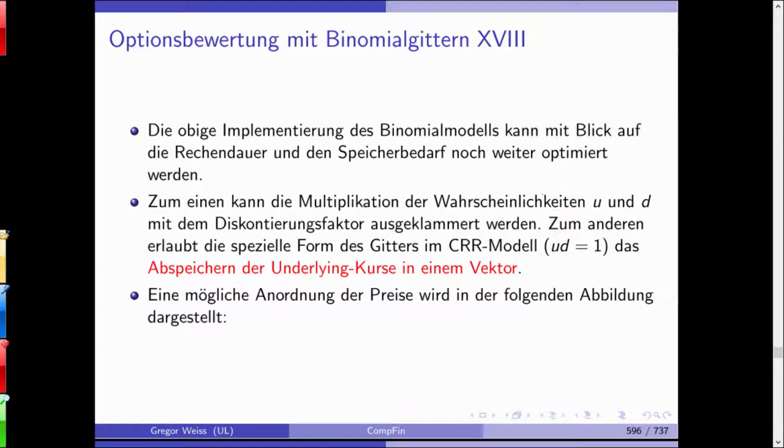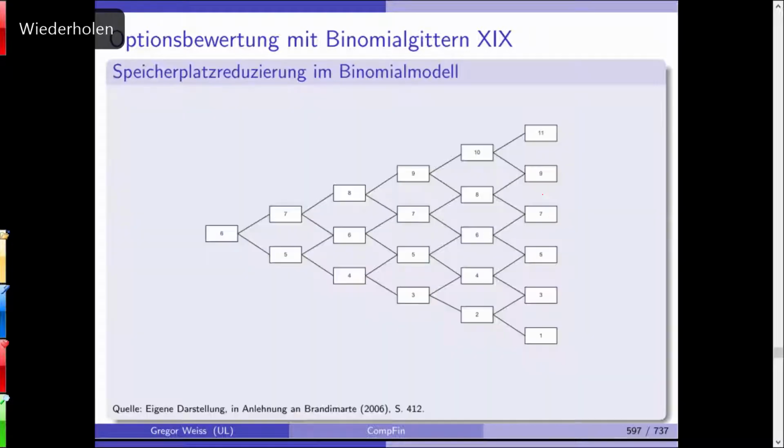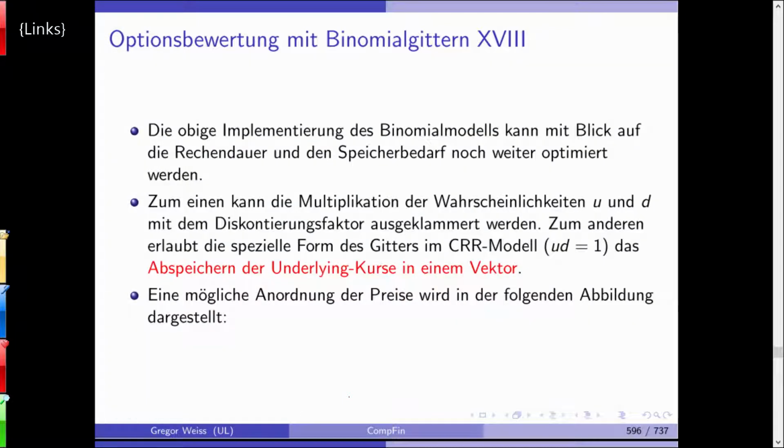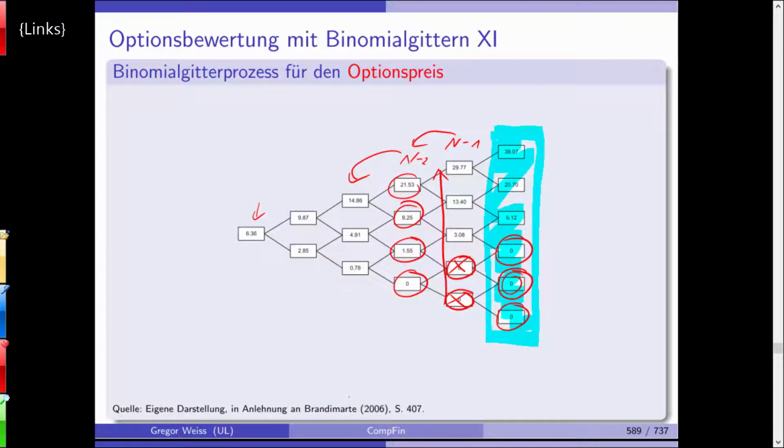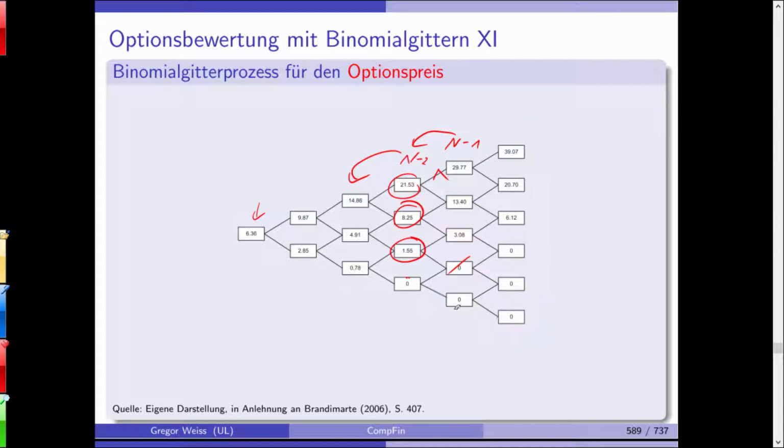You can even improve on this program by considering, in the Cox-Ross-Rubinstein model, the fact that if you take a look at those prices here, most of these underlying prices are identical.